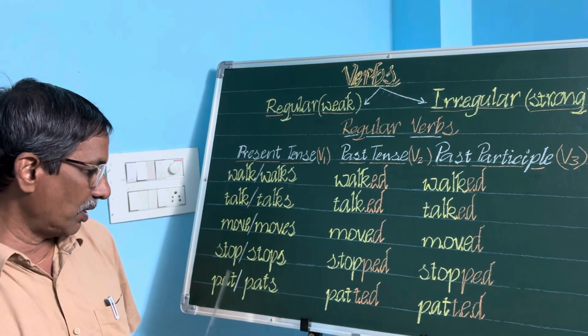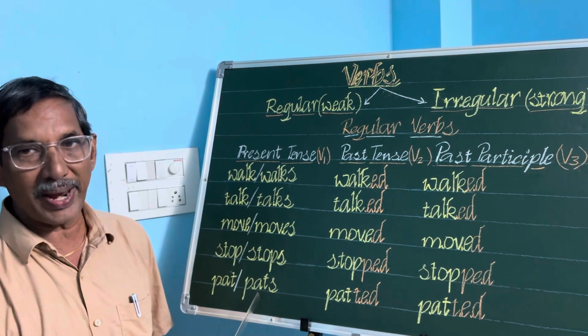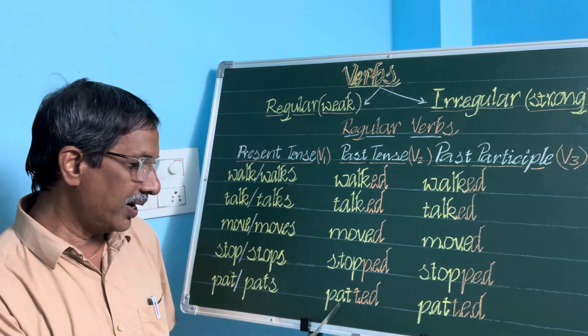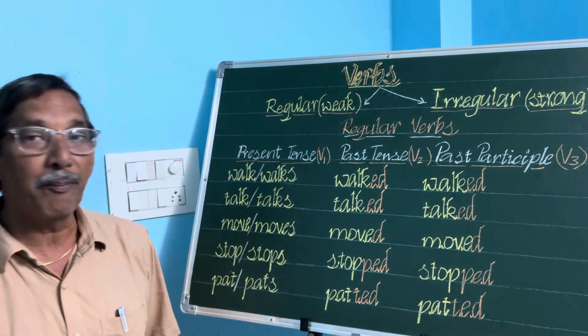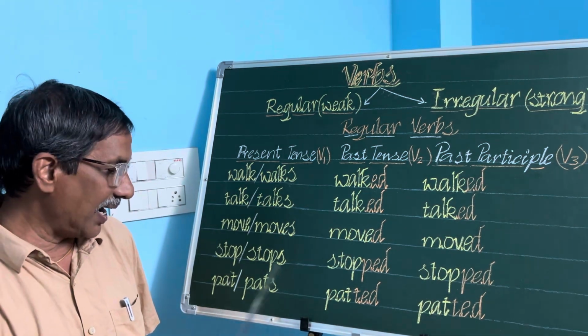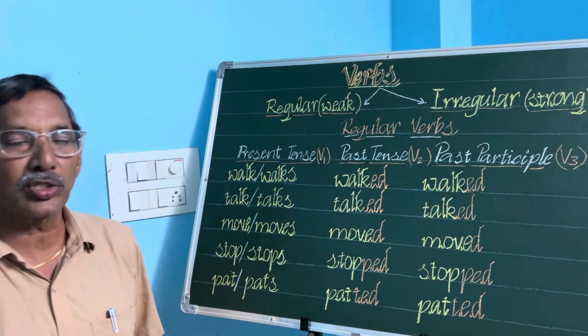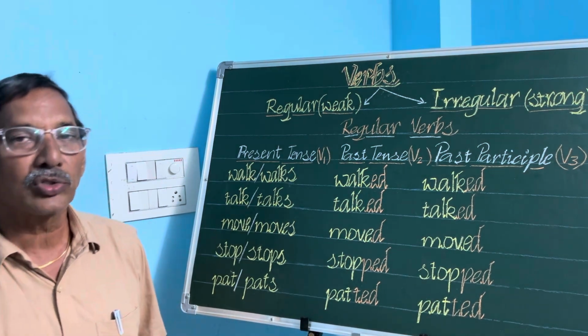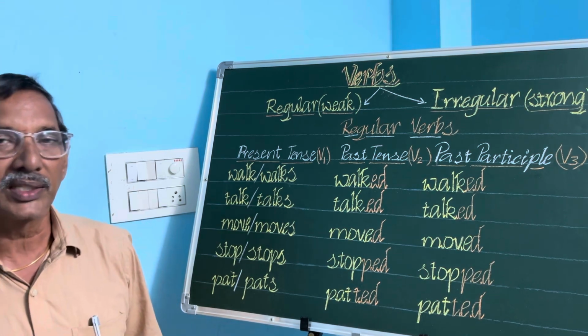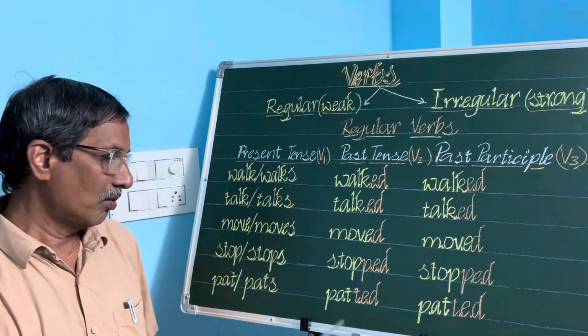Coming to the next one, pat or pats, present tense form, and the past tense form is patted. Here the end letter T is doubled. This also happens in some cases, so we have to observe carefully the spellings of different words.